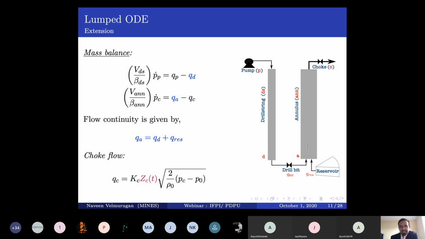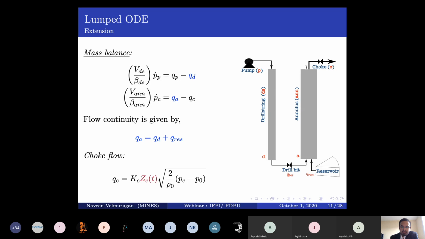That's the fluid flow that is entering the annulus. Now, if you apply the mass continuity equation at this boundary, whatever fluid is entering the annulus has come from the drill string and/or from the reservoir. So your QA is a sum of both Qbit and Qres going into the annulus.